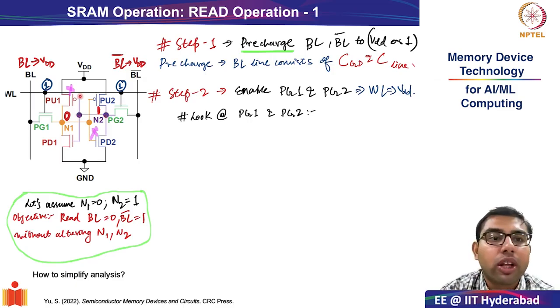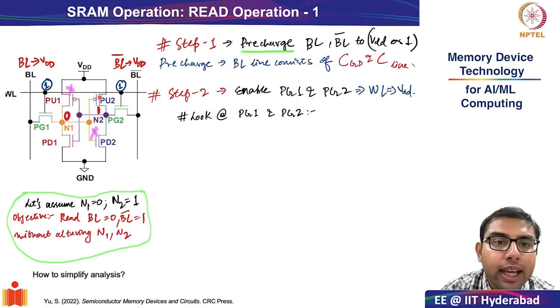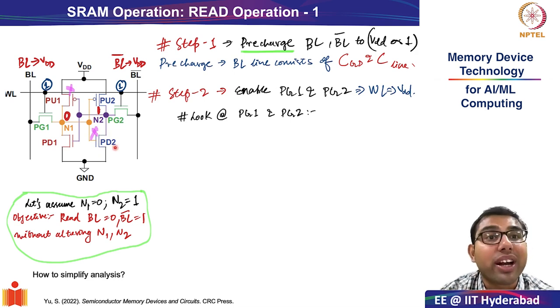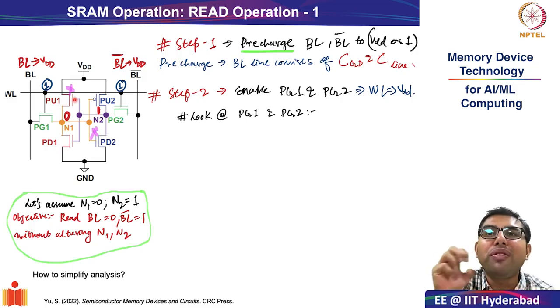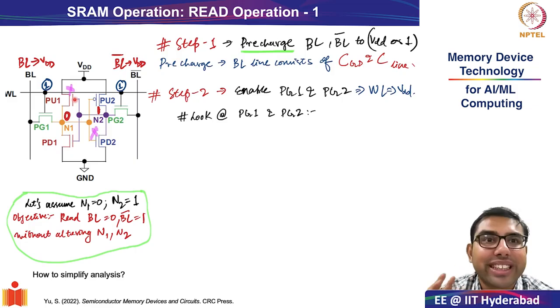As a result, the pull-up transistor, which is a PMOS, will be off or deactivated. Similarly, the pull up 2 and pull down 2 correspond to inverter 2, whose input is connected to storage node 1, so the NMOS or the pull down transistor 2 will be deactivated, right? So right at the beginning, we can take 2 of the transistors of this complicated 6T cell out of question, right?